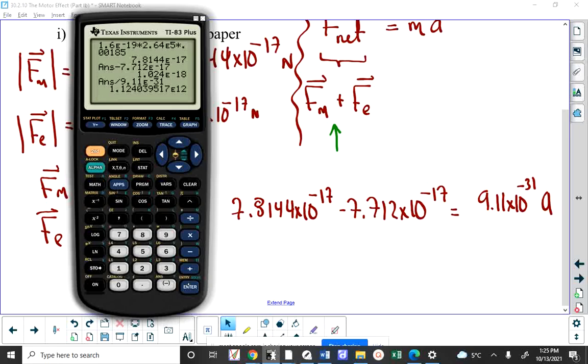1.1 times 10 to the 12. You getting the same number? No? Yeah? Okay, good. I think I carried all my decimals. You might not have, so you might get a slightly different answer, but 1.1 times 10 to the 12 meters per second squared.